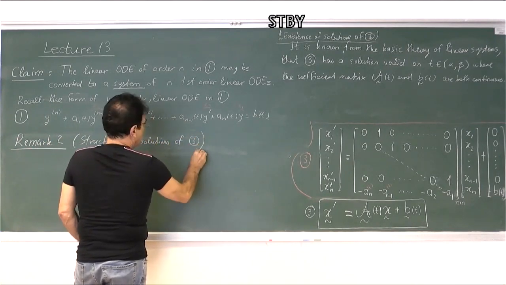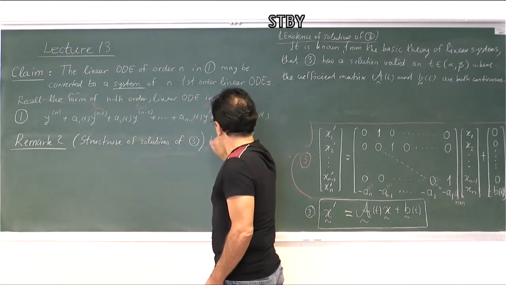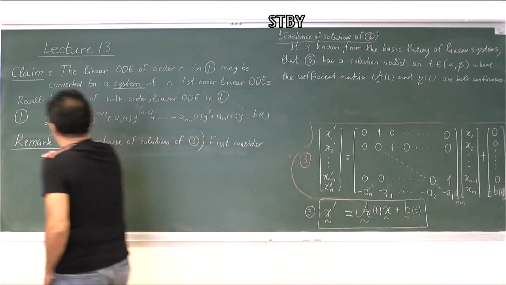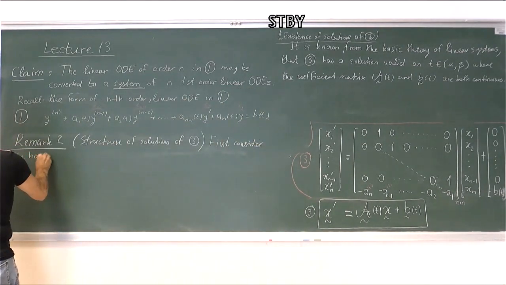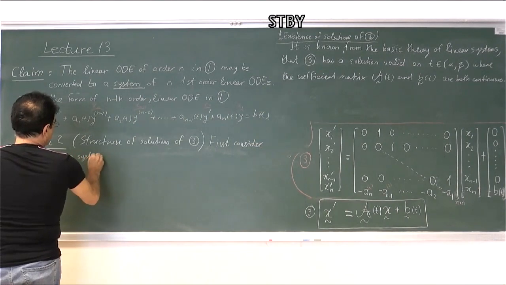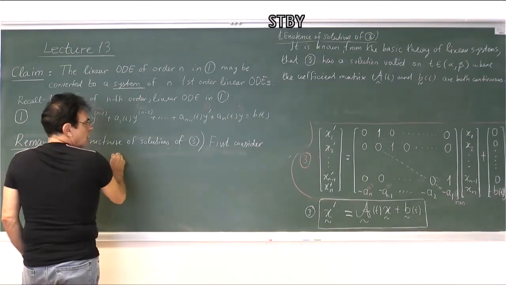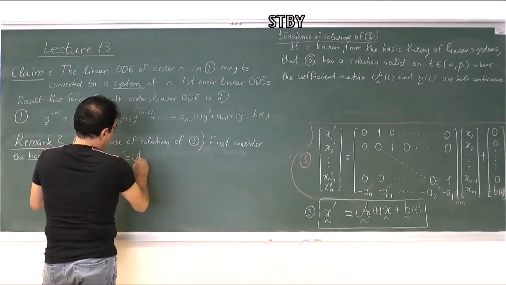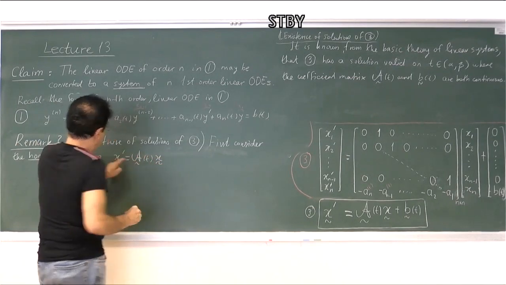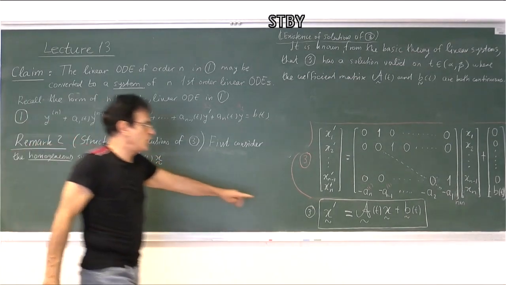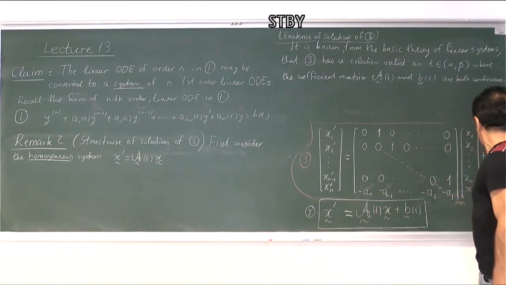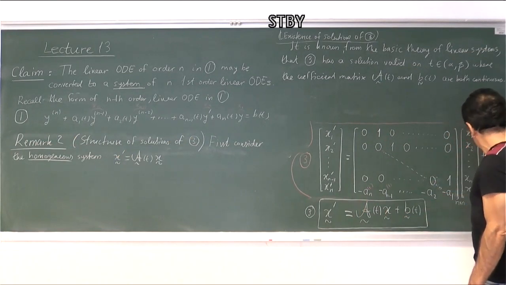Without loss of generality, first we consider the homogeneous system. Which system? X prime is A of t times x, the homogeneous system corresponding to this more general system. So I assume that the vector valued function P of t is 0, so each component function is 0.